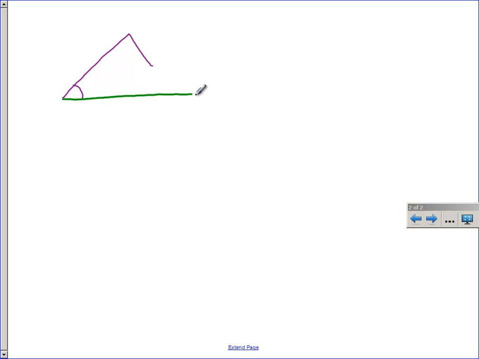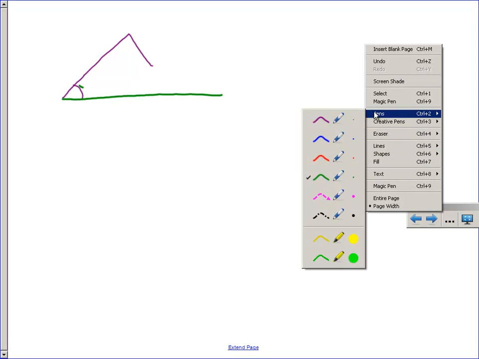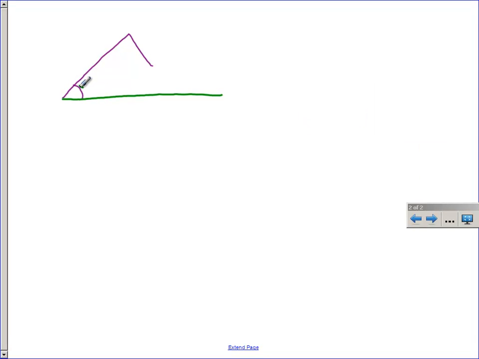We don't know this side length, but we do know the purple side lengths, and we also know the purple angle. This is known, this is also known, but the green will be like an unknown side.